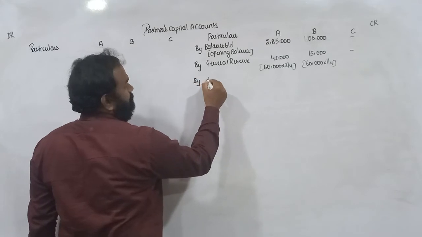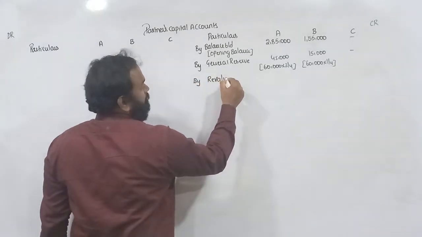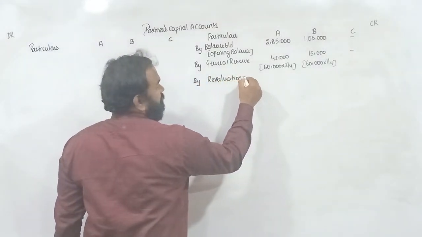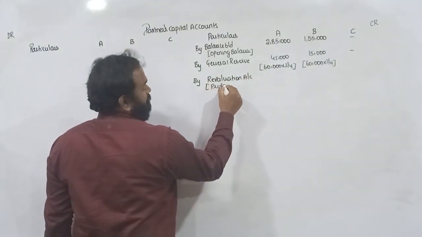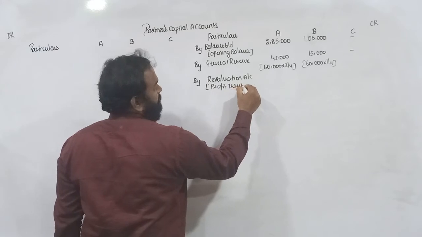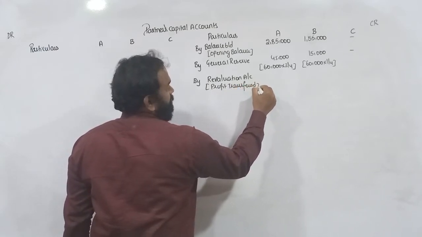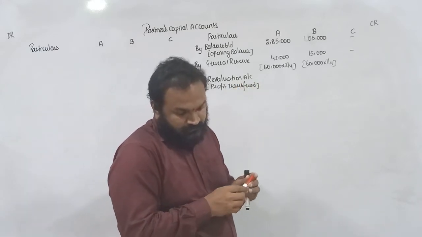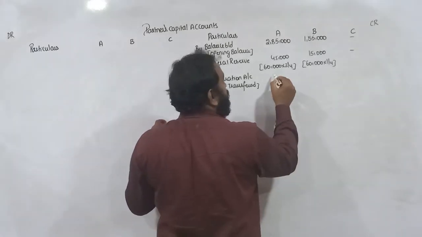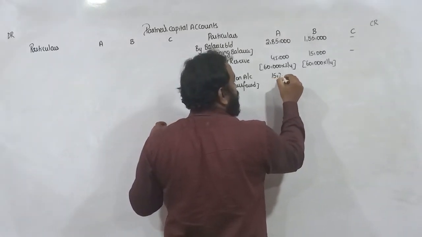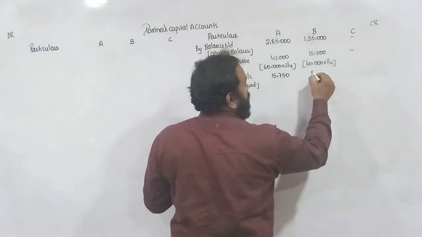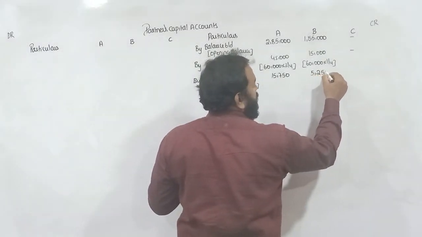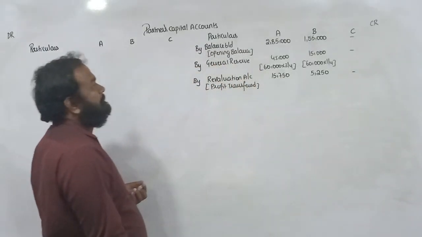Next, boys and girls, revaluation profit is there, no? By revaluation account, profit transferred amount: 15,750 and 5,250.